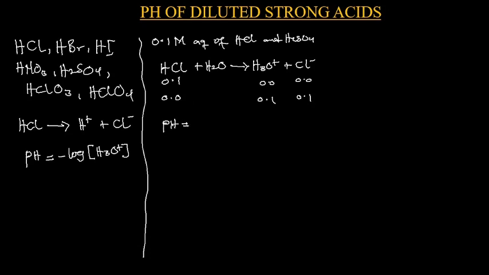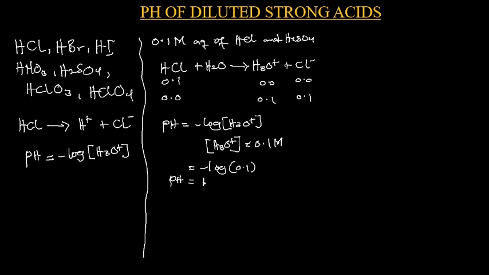The pH is equal to negative log of the H3O+ concentration, which from this equation we see is equal to 0.1 molar. So when we put that into the equation, negative log of 0.1 molar, we'll have pH equal to 1. Now that's a very strong acid right there.